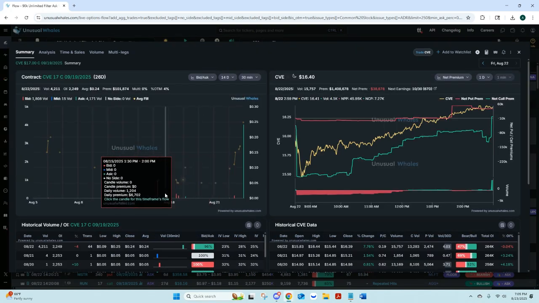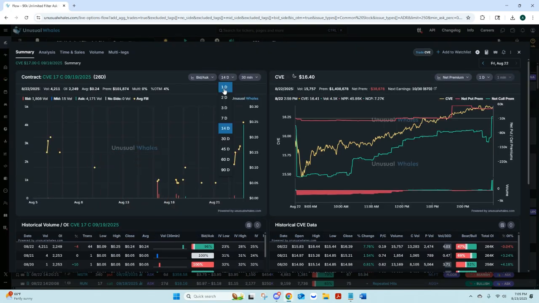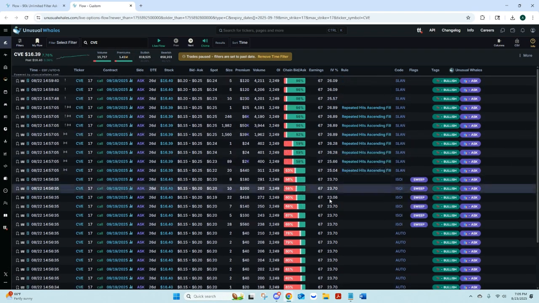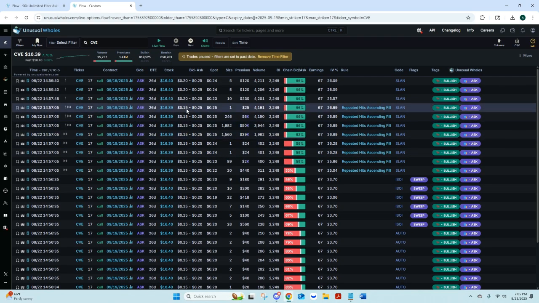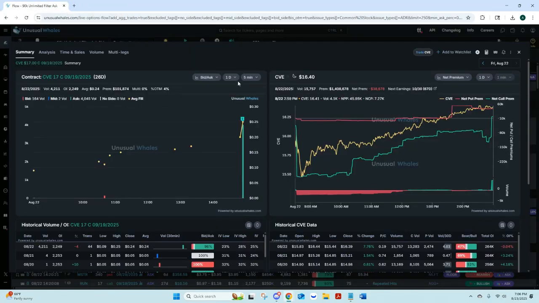Looks like some bid side stuff before. Quickly look at the flow. IV spikes. You're coming in at size and premium. This would read as a buy to me. 26 days, you're 4% out of the money.